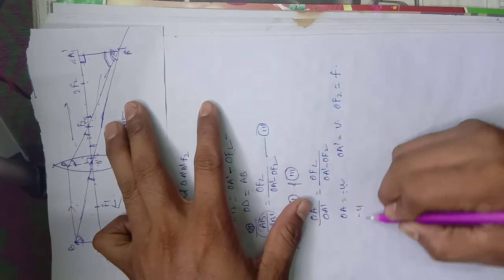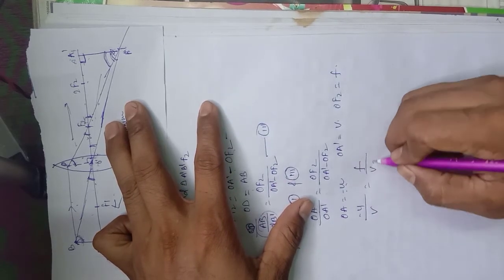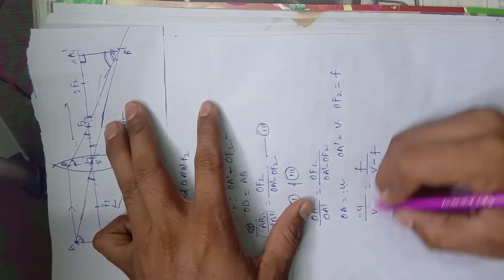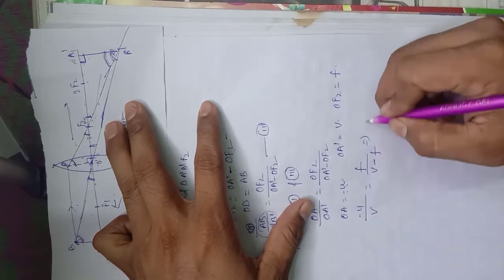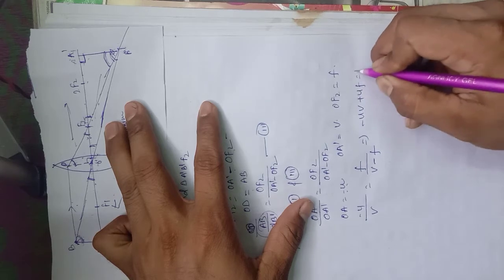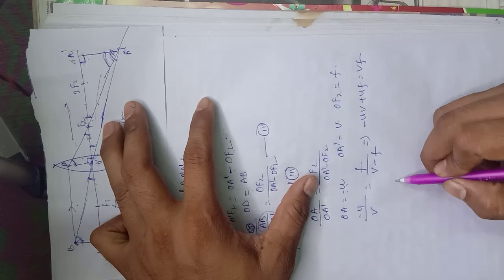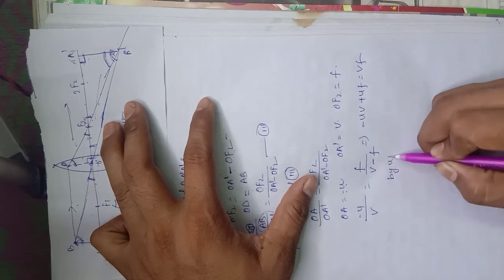So OA is minus u, OA dash is v, OF2 is f, and OA dash minus OF2 is v minus f. Now cross multiplication gives minus uv plus uf equals vf. Now we divide both sides by uvf.